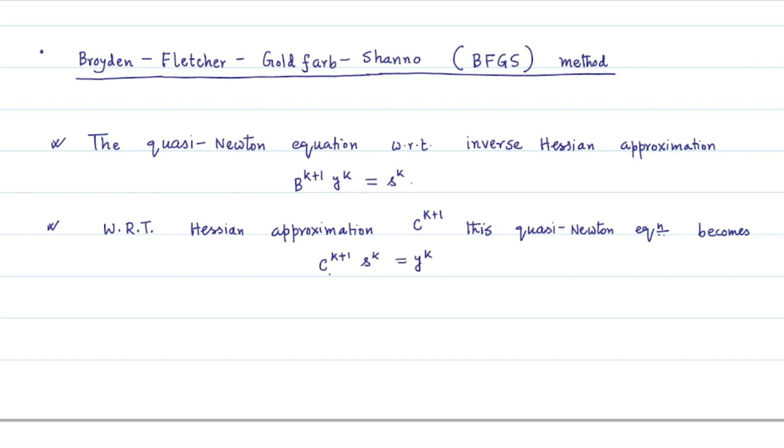Now we consider finding a rank 2 modification formula for Ck plus 1. That is, we compute Ck plus 1 with the help of Ck and adding two rank 1 matrices, say alpha dash, a scalar, times u dash u dash transpose plus beta dash times v dash v dash transpose, where alpha dash and beta dash are two scalars, and u dash, v dash are two vectors in Rn.